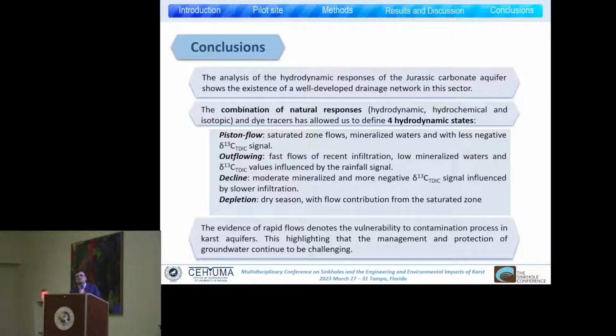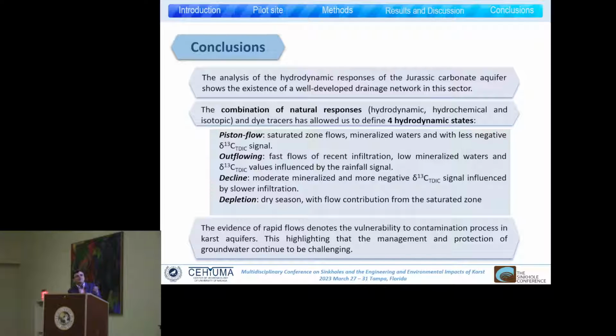We can identify periods in which piston flow exists, or when the outflowing period really starts with water coming from recent infiltration until the peak of the hydrograph passes, and then the decay starts and then the depletion curve.